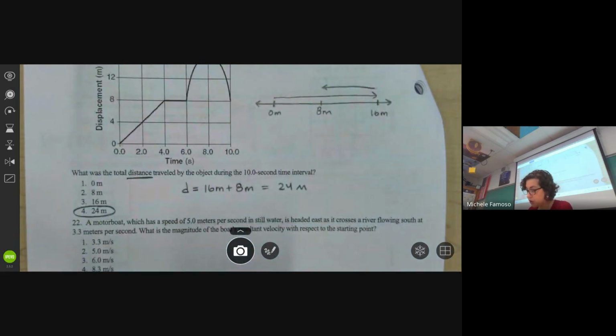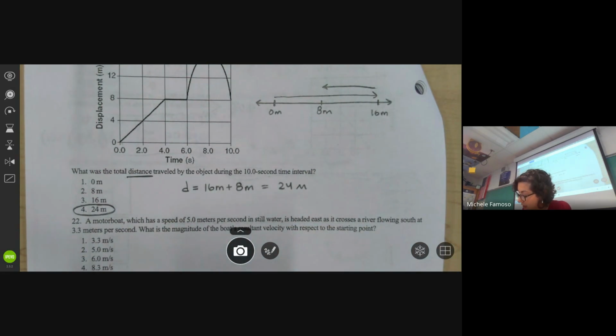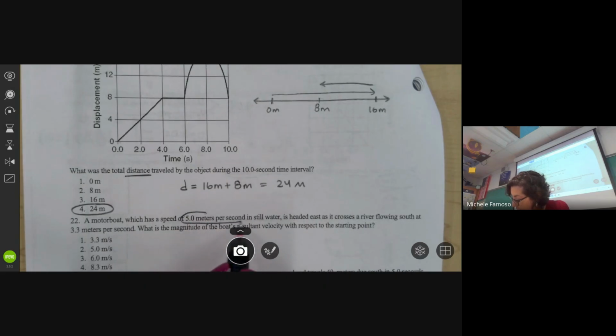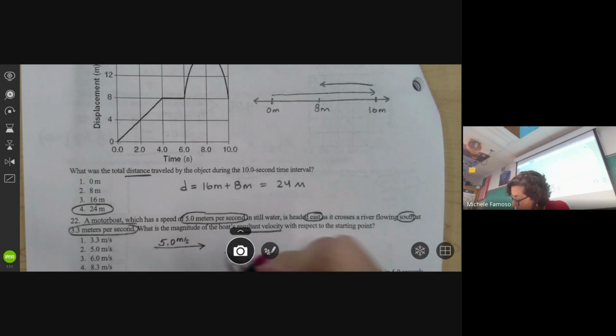Okay, number 22. We have a motorboat which has a speed of 5.0 meters per second in still water, headed east across a river which flows south at 3.3 meters per second. What is the resultant velocity? So the boat is traveling this way at 5.0 meters per second, but the river is going south at 3.3 meters per second.